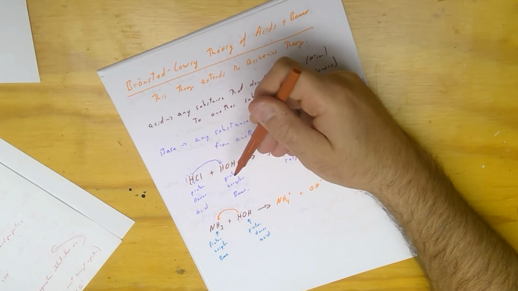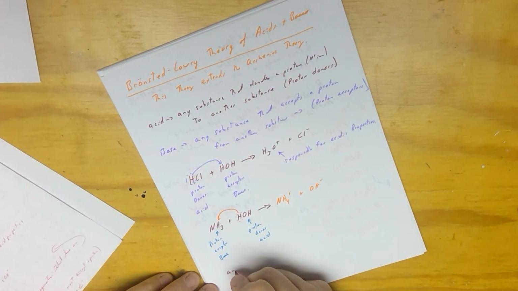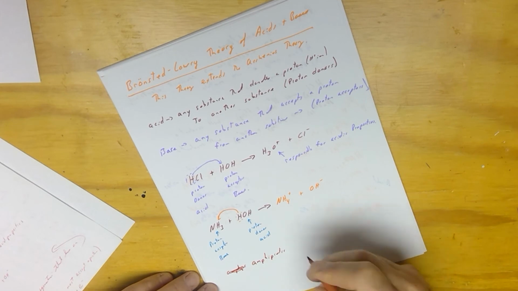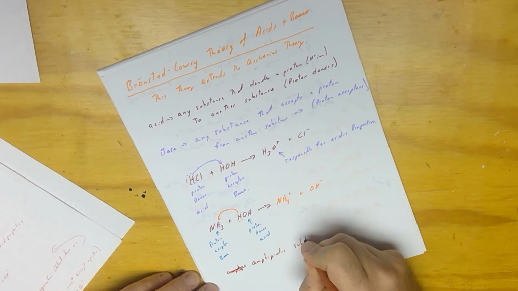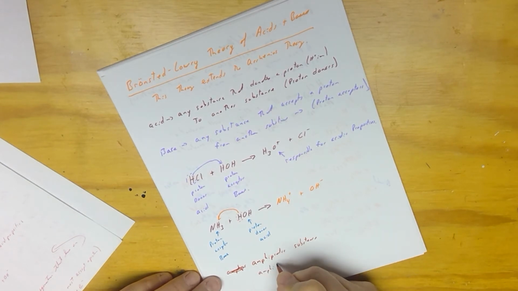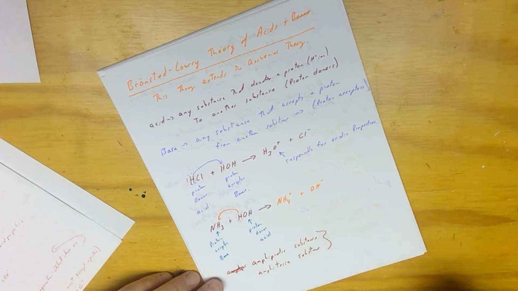They're called amphiprotic substances. Sometimes they're called amphoteric substances. Same thing. Amphiprotic, amphoteric substances.